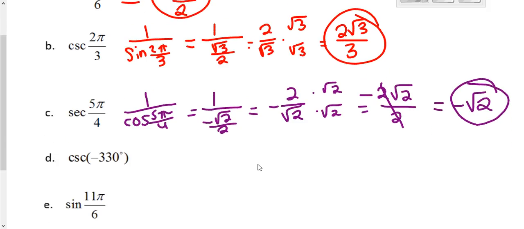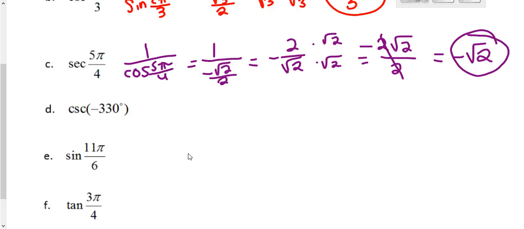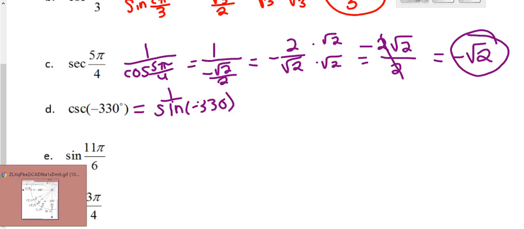Okay, then we're looking at cosecant of negative 330. So this is 1 over sine, so let's write that down. Negative 330. Remember that means we're looking backwards on our unit circle.